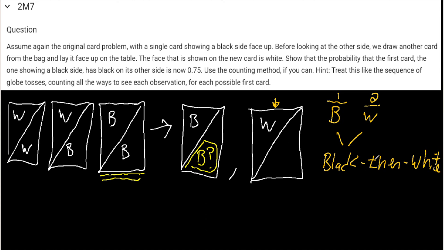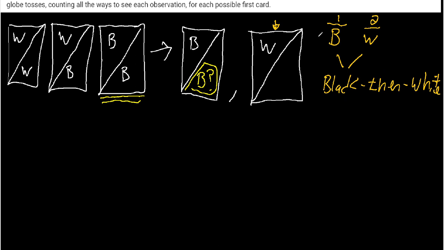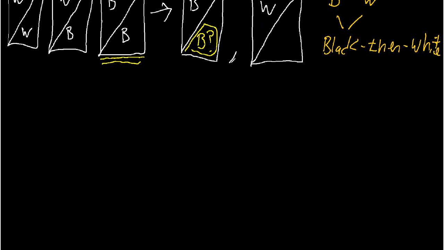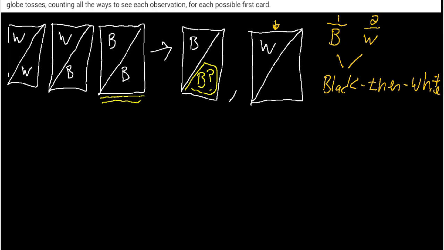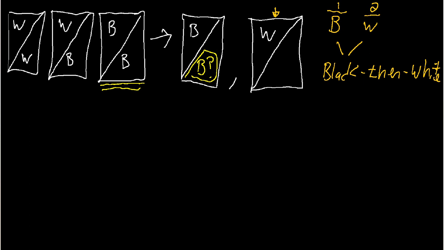So let's start setting up our Bayes equation here, and it's going to be a little bit more involved because of this dependency in the data. So we're still looking for a posterior probability, and it's similar to what we've already been looking for.